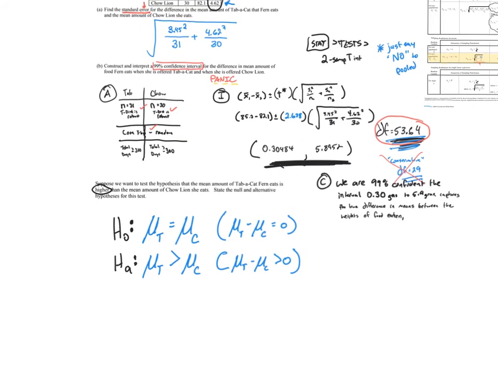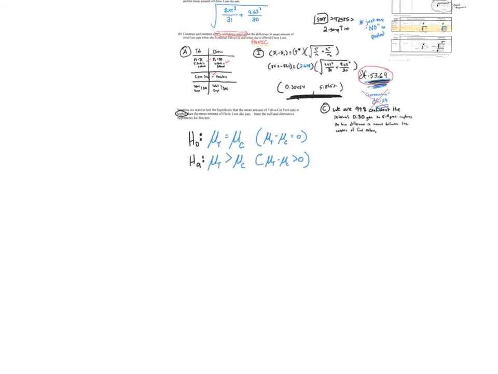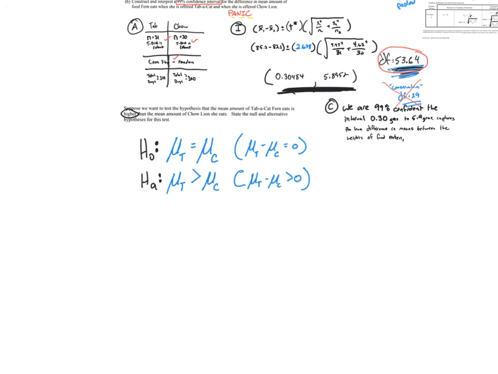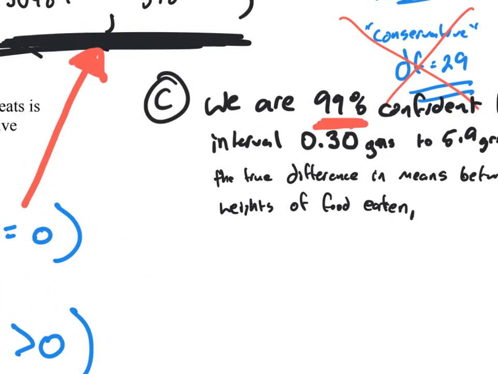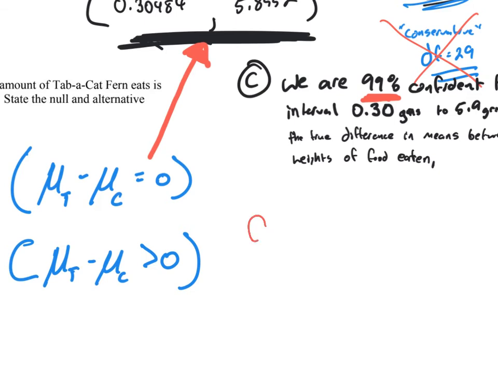Okay. So if that were the case, let's think about what this means. We just looked at whether 0 is in the interval. The answer is no. So we would anticipate rejecting the null hypothesis at the 1% level. The alpha level that we use here is always the complement of your confidence level.